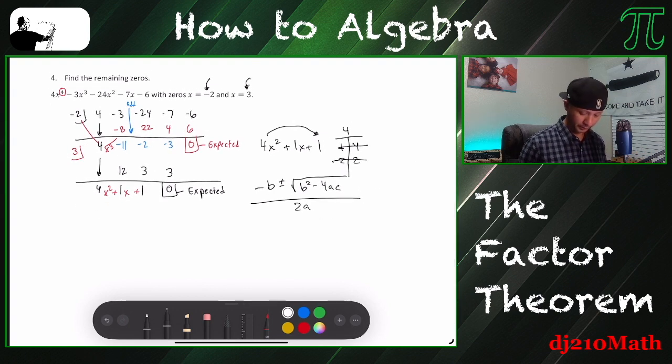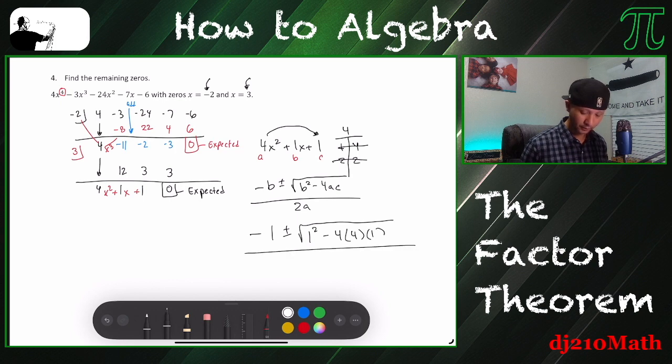Okay, so we just plug in the values that we know. a is 4, b is 1, c is 1. So -b, so -1, plus or minus the square root of 1 squared minus 4 times 4 times 1, all over 2 times 4.